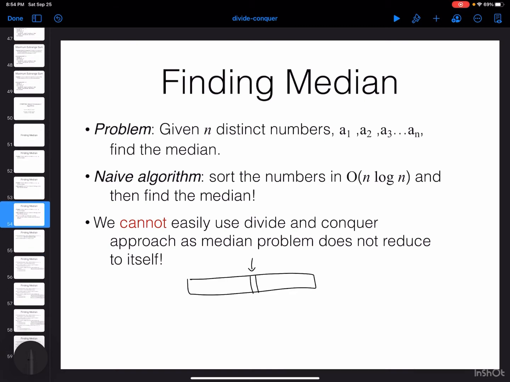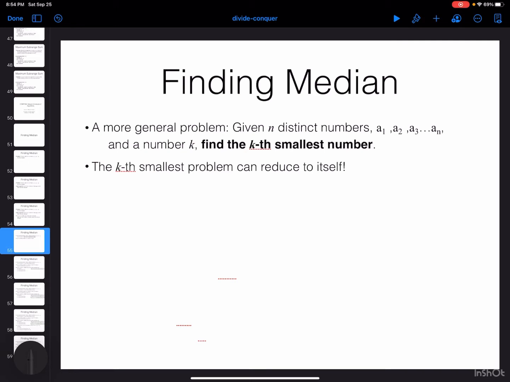So what I'm going to do is change the main statement of the problem and solve another problem which is more general than finding the median. If we can solve this problem, then we can also solve the finding median problem. What is this more general problem?